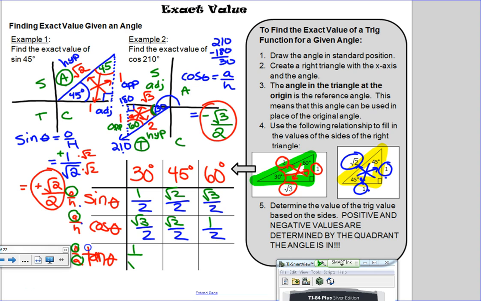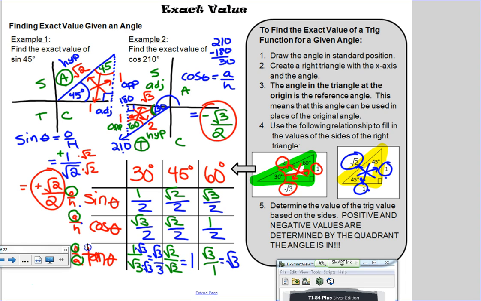So O over A, O over A, and then O over A. Now those can reduce. Radical 3 over 1 is just radical 3. Radical 2 over itself reduces to 1. And this other one is just the bad one because we have to rationalize by multiplying by radical 3 over 3. And you get radical 3 over 3.